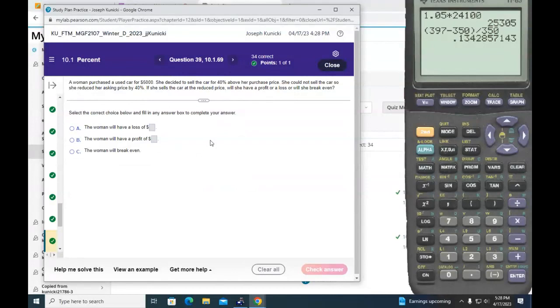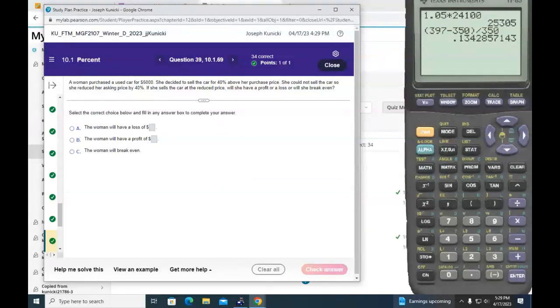So 40% of 5,000 is less than 40% of what she increased it to. Follow? Yeah. One of the trick ones is she'll break even, right, because you automatically look at it and you're like, oh, 40 plus 40 minus 40. Yeah, but that's 40% of 5,000.